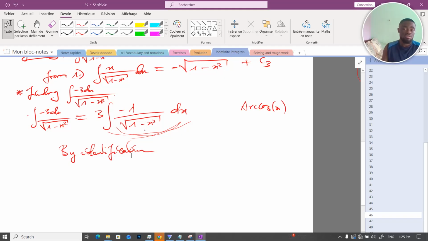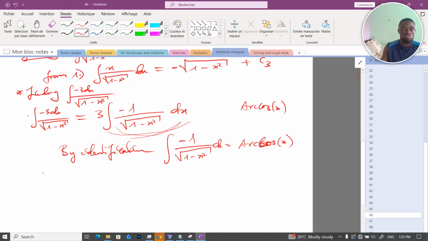If you want, you can show all the working where all this comes from. You know that your substitution here will be cos theta being equal to x. So by identification, the integral of minus 1 on the square root of 1 minus x squared dx is equal to arc cos of x.